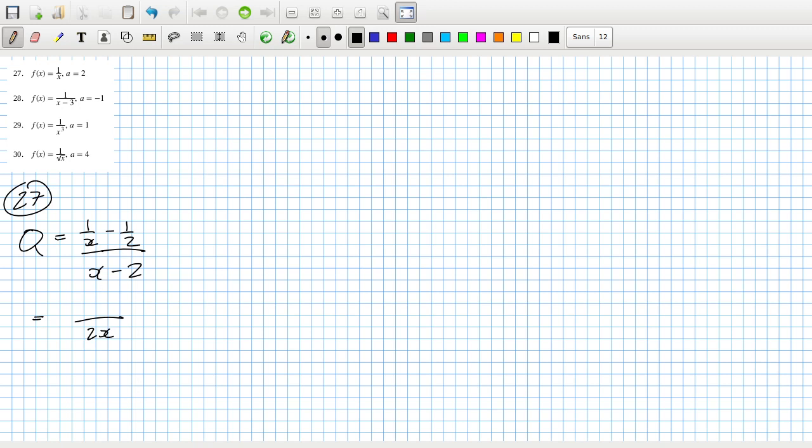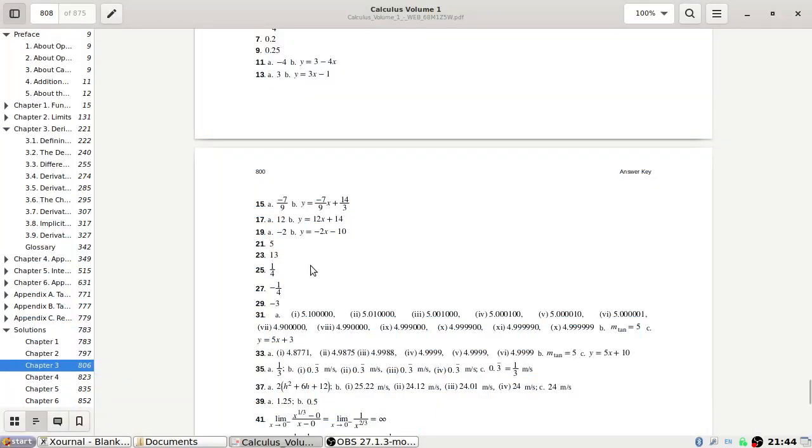That's 2 minus x over 2x, over x minus 2. They cancel, leaving minus 1 over 2x. And then that tends to what when x tends to 2? Minus 1 over 4. Okay, 28. Let's just check 27. Yep.